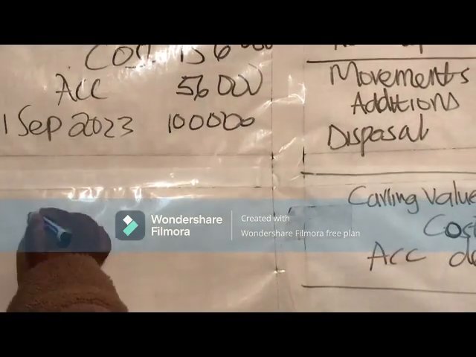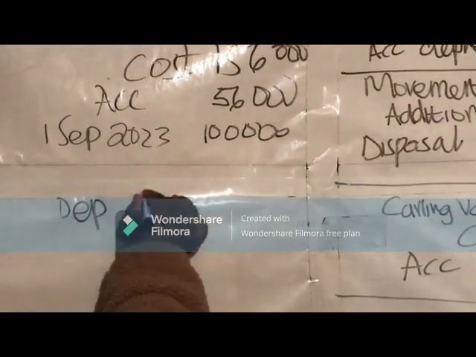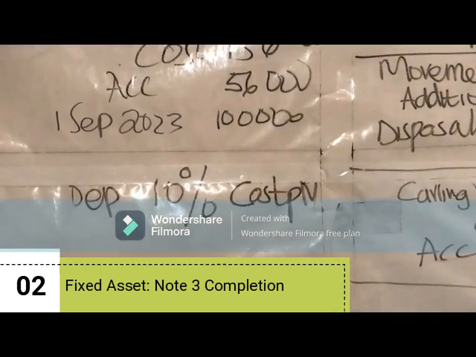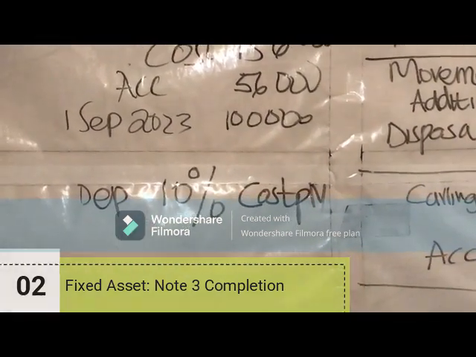And another thing they can tell us is that they depreciated their vehicles at 10% on cost price method. So this is the information, and we have to put our information on our fixed asset note.